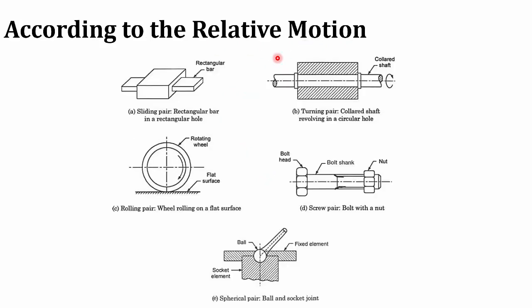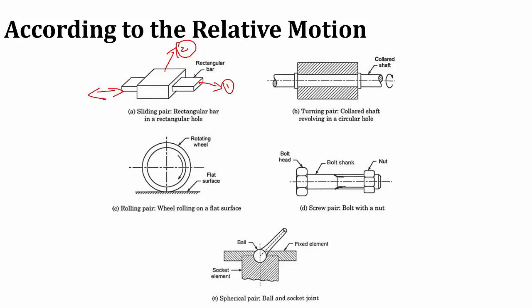First, according to the relative motion between the two links, the first one is the sliding pair. Sliding pair means we have a rectangular bar that is sliding inside a rectangular hole. Here this is link 1, a rectangular bar, and this is link 2, a rectangular hole. Inside that, the rectangular bar is sliding.